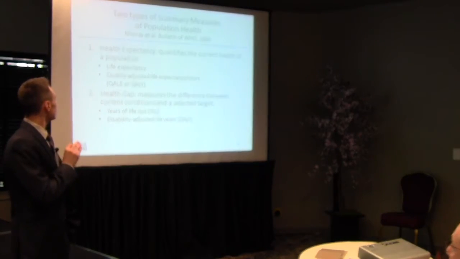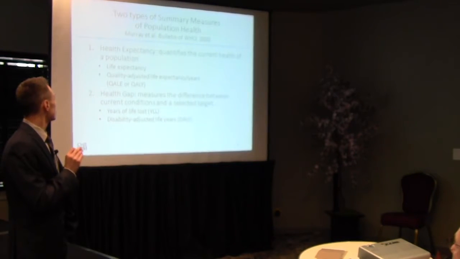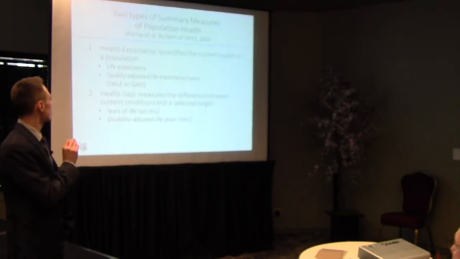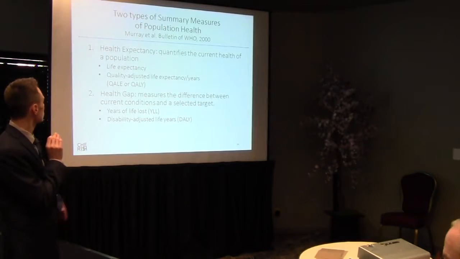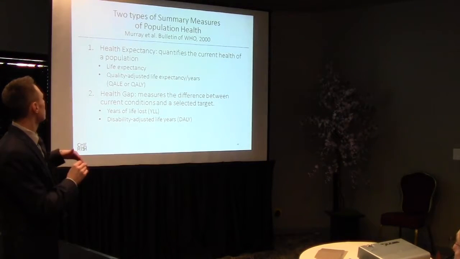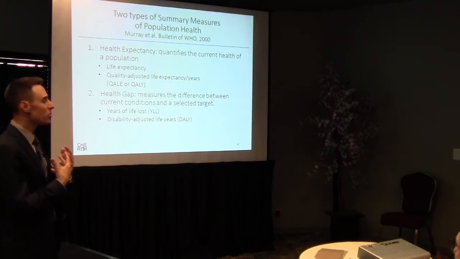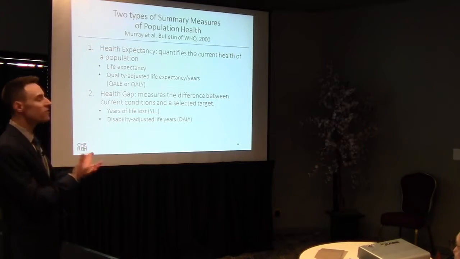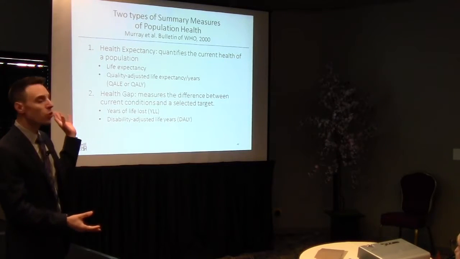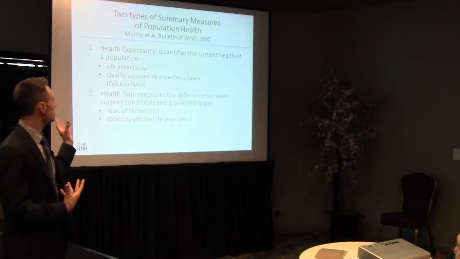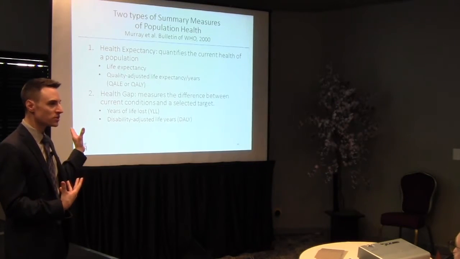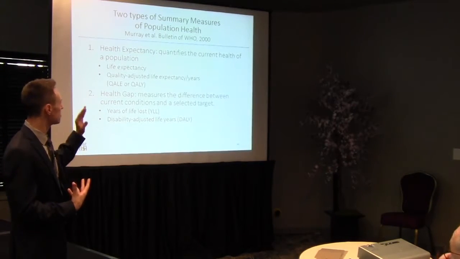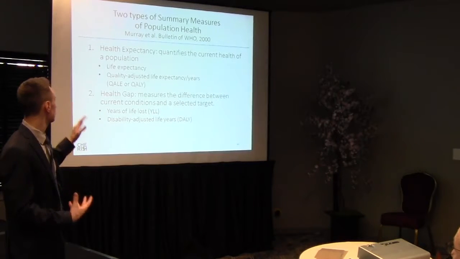Okay, so the next thing we want to talk about is going to focus on quality-adjusted life years. These are some of the possible outcomes. You have health expectancy, where you're quantifying the current health of the population. So we can do life expectancy, and we can also do quality-adjusted life expectancy or quality-adjusted life years. We're not going to go into all of these; I'm going to focus primarily on QALYs.